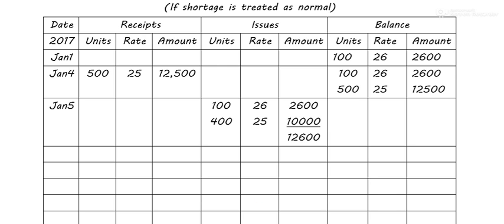Now we have to record the balance. This 100 units is completely issued. Out of the 500 units, only 100 units were left at the rate of 25, so 2500 will be the balance in amount.